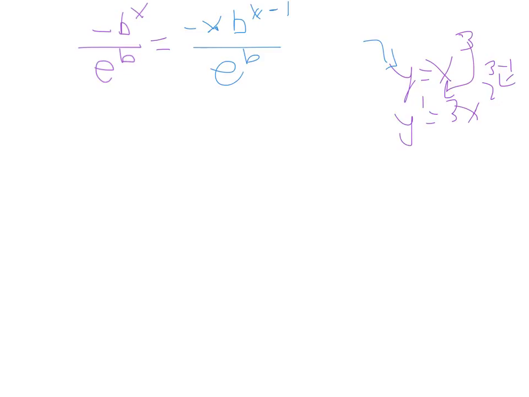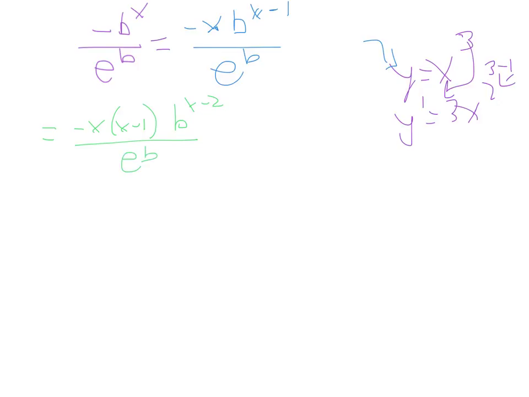So if we keep going with that idea, the next time around it's going to be negative x times x minus 1 times b to the x minus 2 over e to the b.